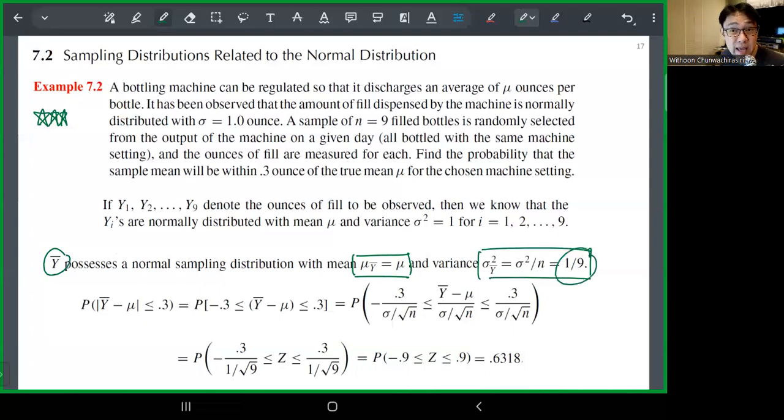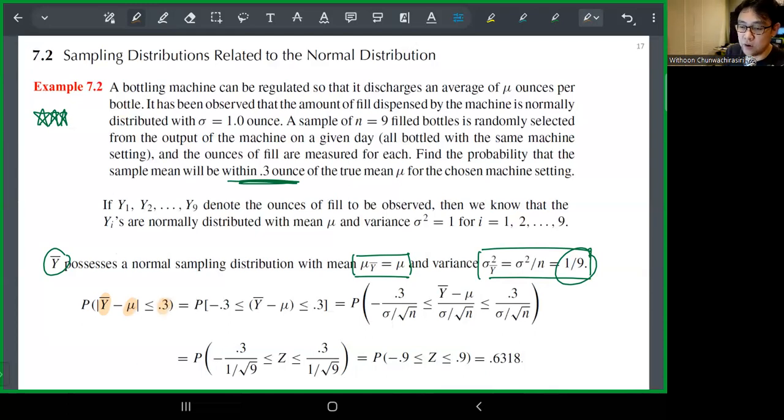That's your expectation, right? From theory at least. So with that, you want to know what is the probability that it stays within 0.3 ounce of the true mean. So what you're trying to calculate is the probability that the Y bar, the mean of your sample, away from the true mean mu, is going to be within 0.3.